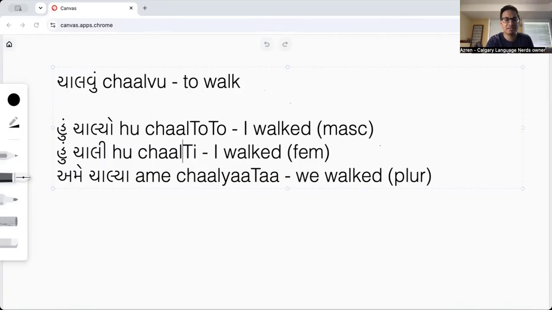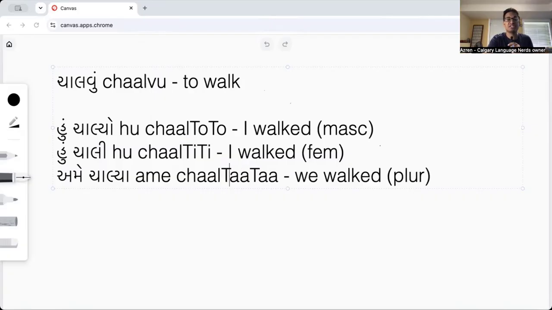Here we go. Chaltiti. We add a T. So chaltoto, chaltiti, chalta. Replace this Y with a T. And this would now mean either I was walking, I used to walk, or I walked every month, every day. On a repeated basis, I walked. Three different possible options of what this could mean.